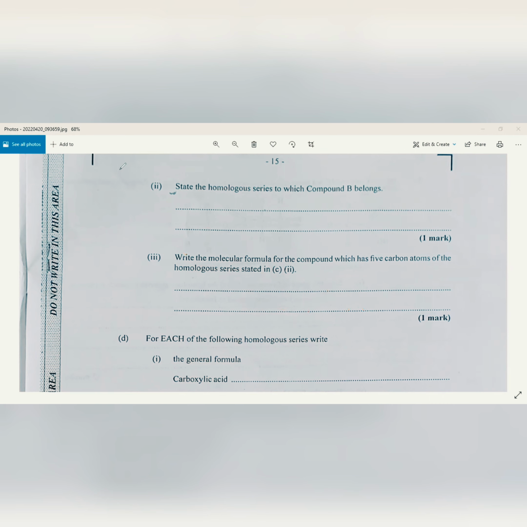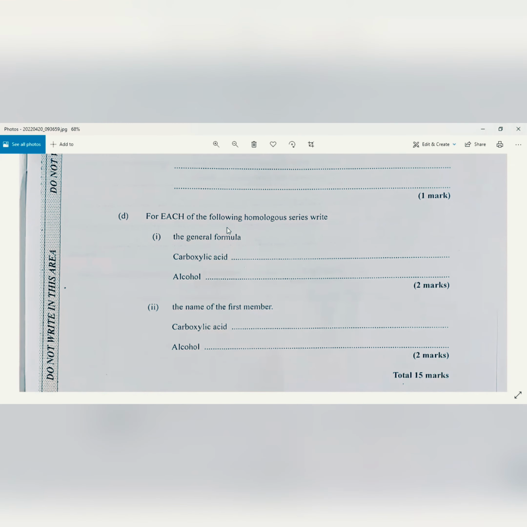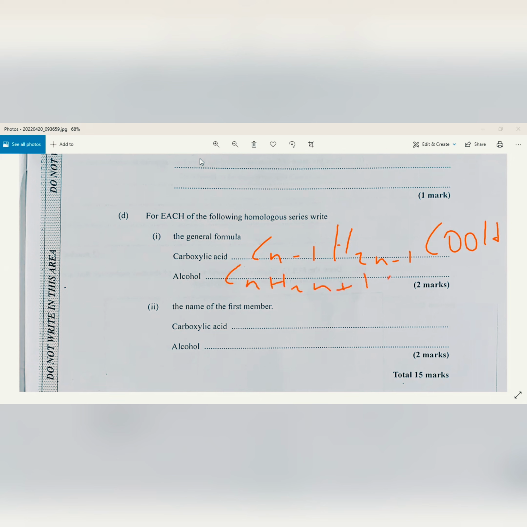Let us proceed. All right, so what you follow in homologous series, write the general formula. The general formula of acids, CnH2n-1, COOH. Okay, then now for alcohols, it's CnH2n plus 1 OH. All right, now the name of the first member of the carboxylic acid group is actually formic acid, right?